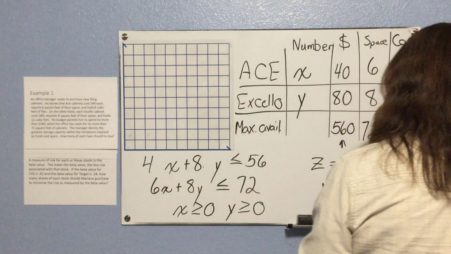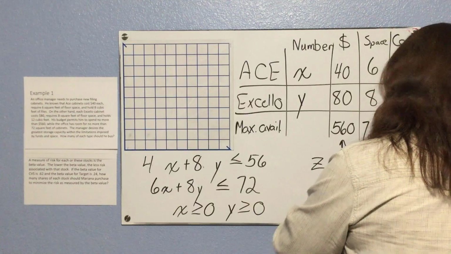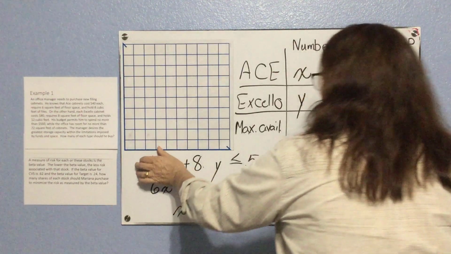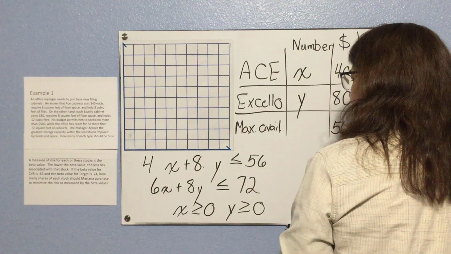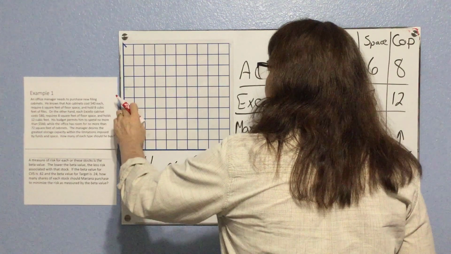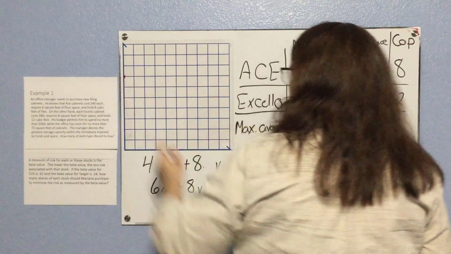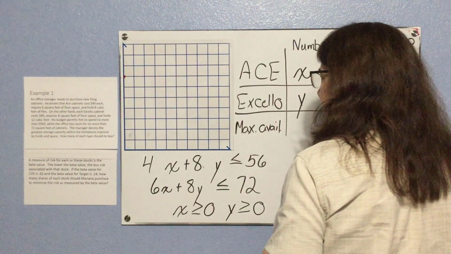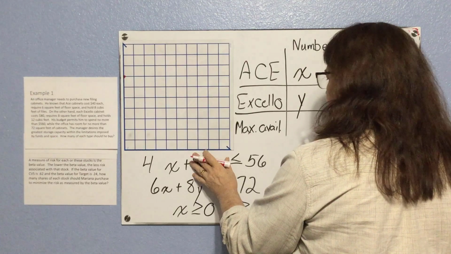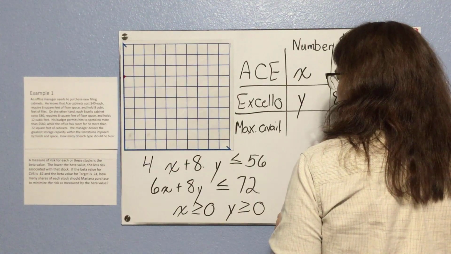For this first inequality now, if I let x be 0, then I have 8y less than or equal to 56, so that means y must be 7. So 1, 2, 3, 4, 5, 6, 7. And then if I let y be 0, then x is going to be 14.